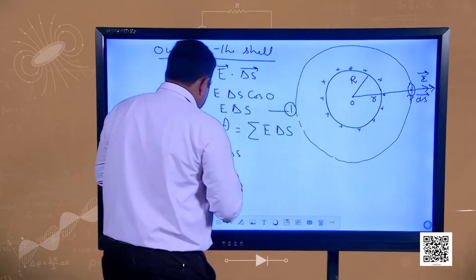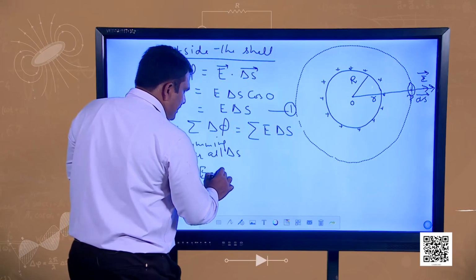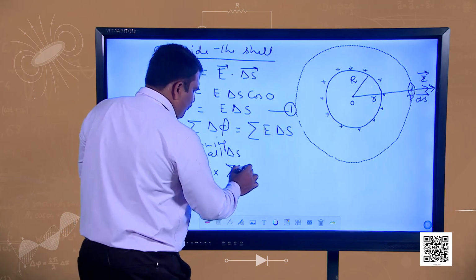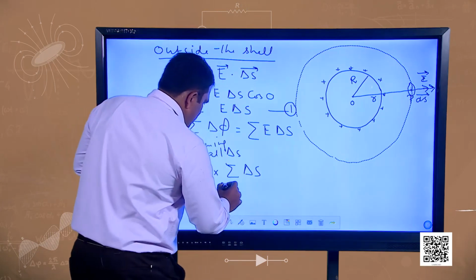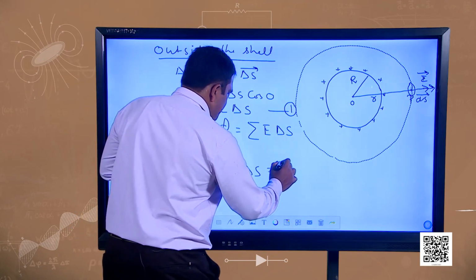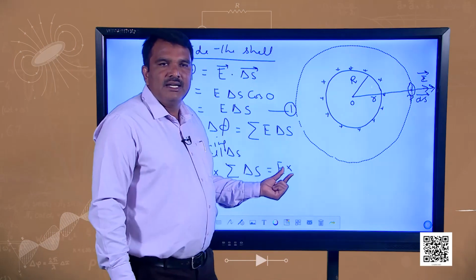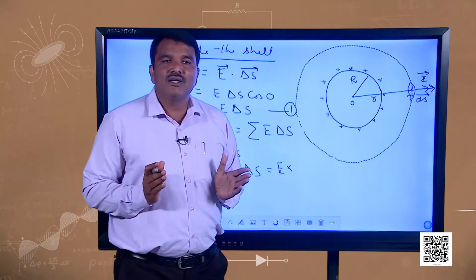So, we can take it out of the summation sign and it becomes E multiplied by summation of delta S over all area elements, and the sum of all the area elements that can be cut from the whole Gaussian surface will give us what?